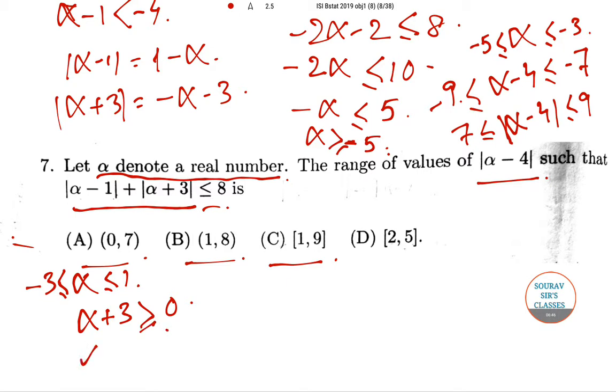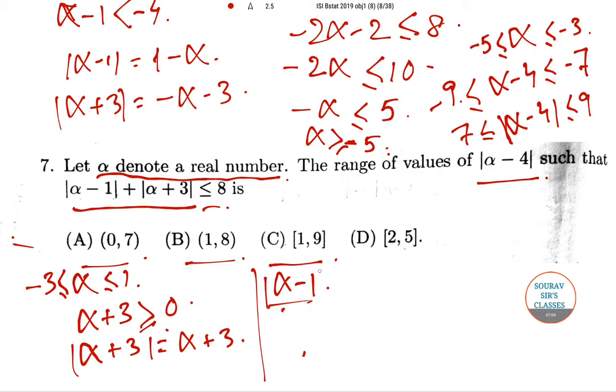So mod alpha plus 3 equal to alpha plus 3. But in case of alpha minus 1, it is still negative. So mod alpha minus 1 equal to 1 minus alpha.